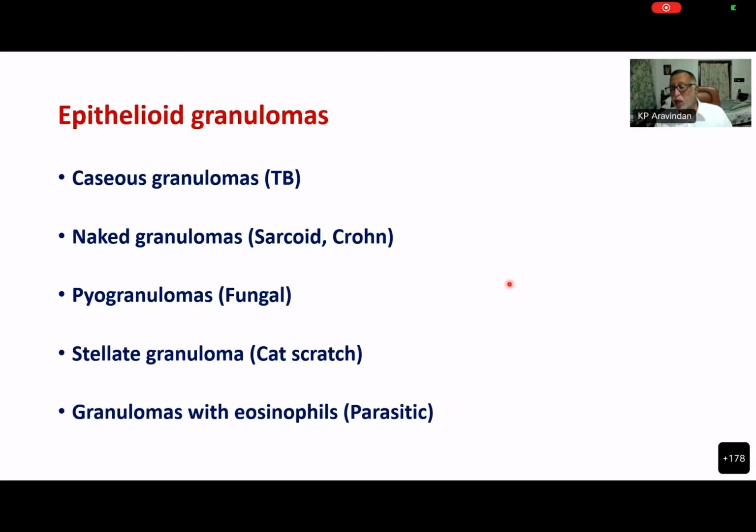Pyogranulomas, as you see in fungal diseases, where in the center you may find neutrophils. Stellate granulomas are large, somewhat undulated borders, epithelioid cells with neutrophils inside, as you see in cat scratch disease. Then granulomas with eosinophils, which can be seen in parasitic disorders.